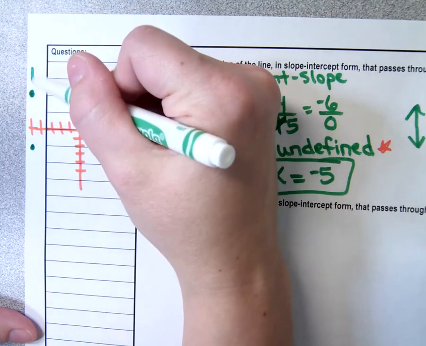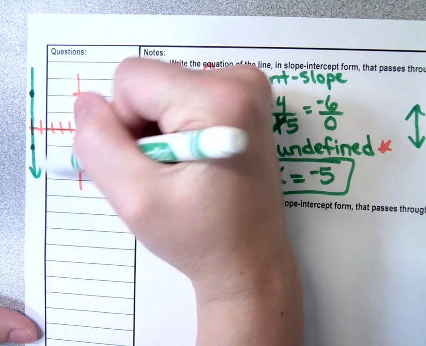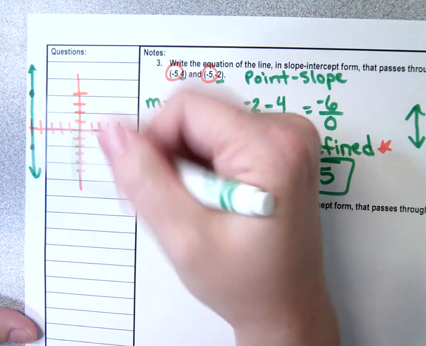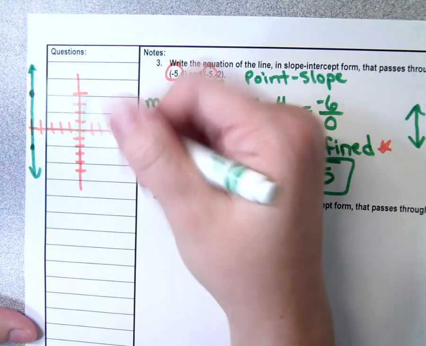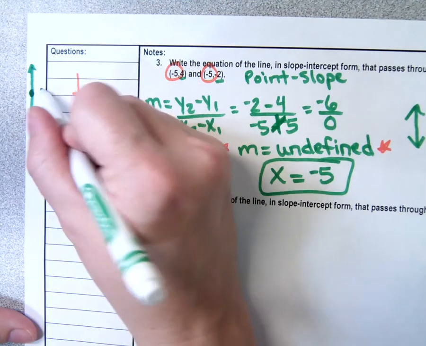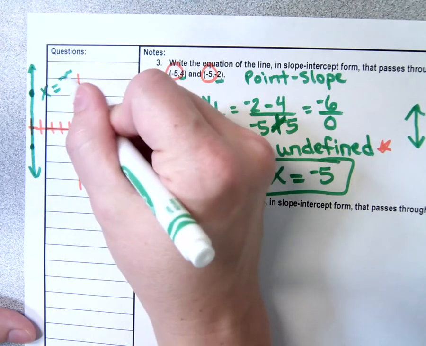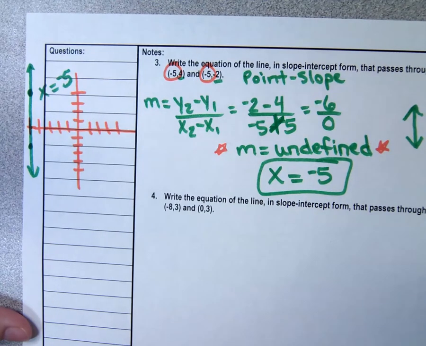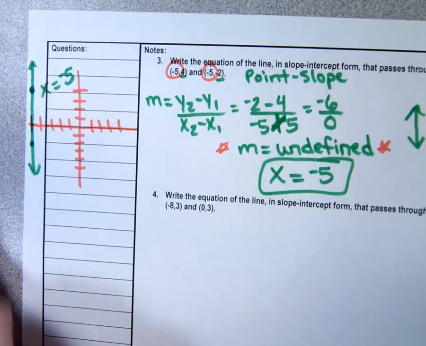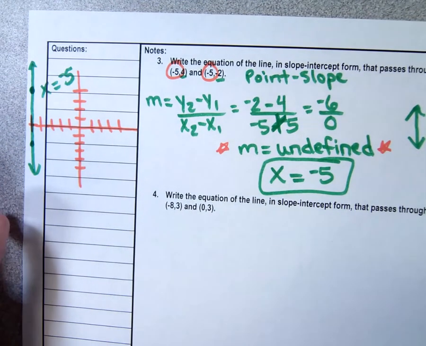If you draw the line that connects those 2 points, you do see it is vertical. And all vertical lines only cross which axis? The x-axis. That's why it's x equals. And everywhere on this line, your x is negative 5. Okay, so that's just a visual understanding.